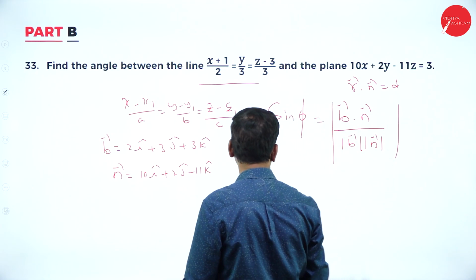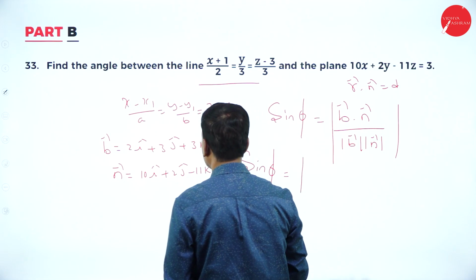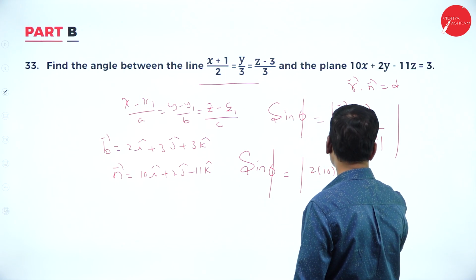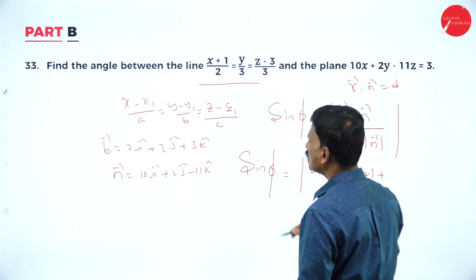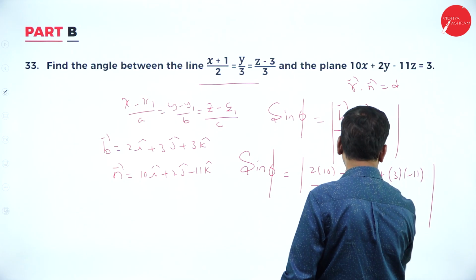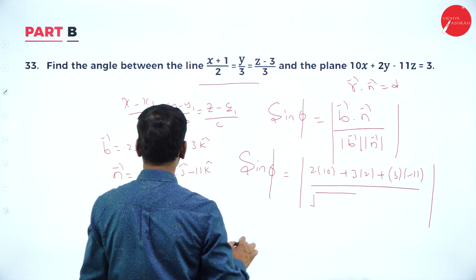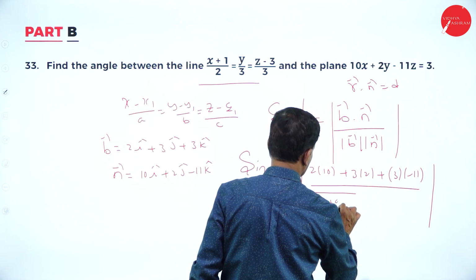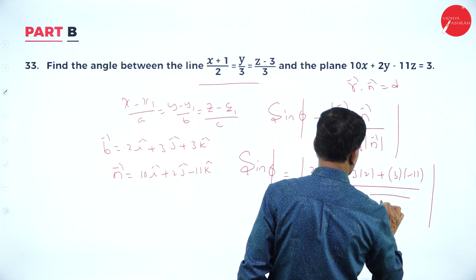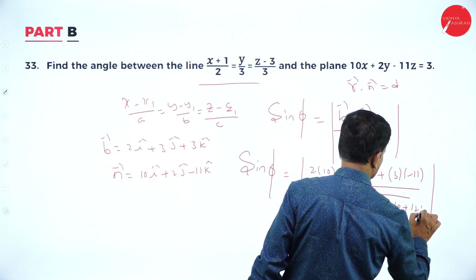So sin theta is equal to b dot n, the dot product of these two: 2 into 10 plus 3 into 2 plus 3 into minus 11, divided by the magnitude: first root of 2 squared is 4 plus 9, into second, 10 squared is 100 plus 2 squared is 4 plus 11 squared is 121.